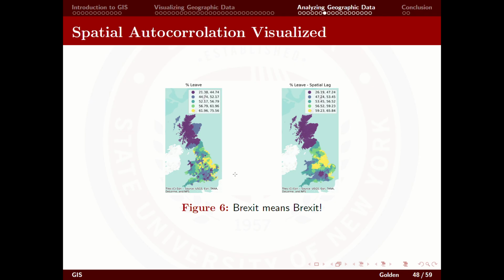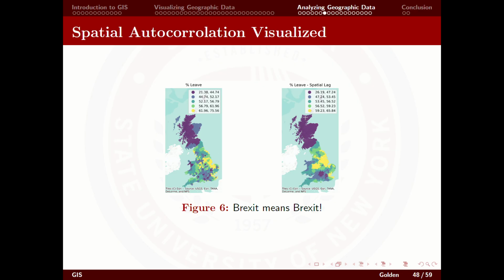Well, not anti-leave, but London, all the very populated non-rural places, and also Scotland and Northern Ireland were very much in favor of not leaving the European Union. But of course, they were outvoted by the rural areas.